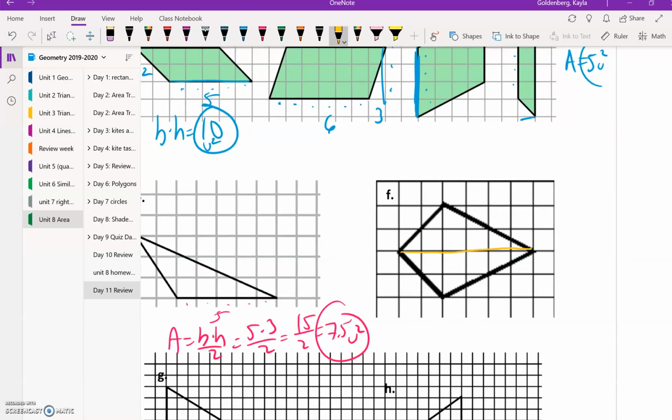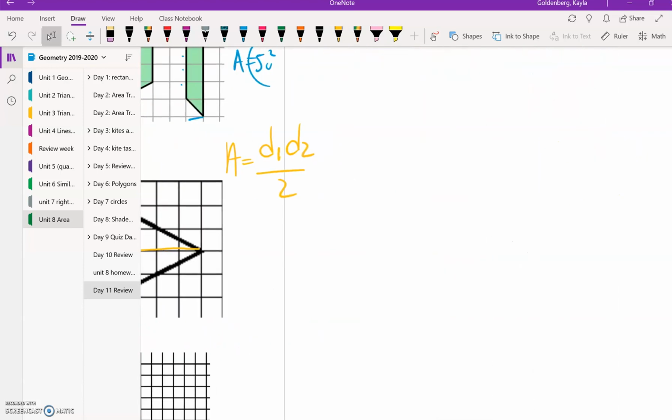Let's see, we've got diagonal 1, diagonal 2. So for a kite, your area is diagonal 1 times diagonal 2, cut in 2. Remember, if you don't remember why that formula is, here's a quick recap. Here's a quick kite.